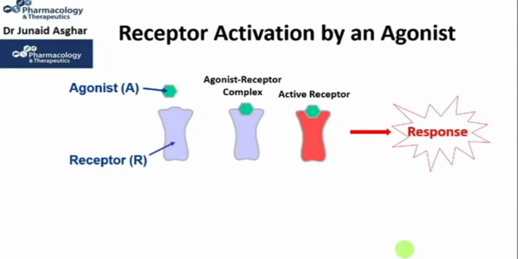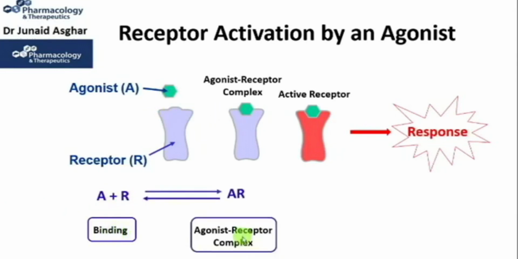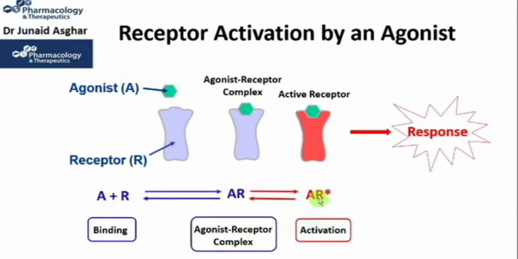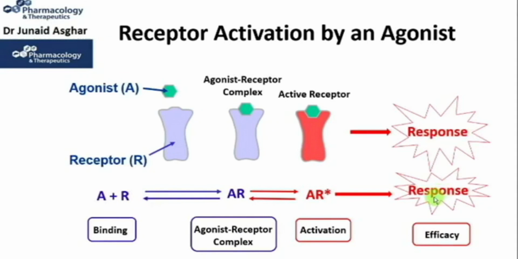Or we may show this as the agonist binds to the receptor, the binding step, forms the agonist-receptor complex, and leads to the activation of the receptor. The star represents the active receptor and produces a biological response or a pharmacological effect and displays some efficacy.